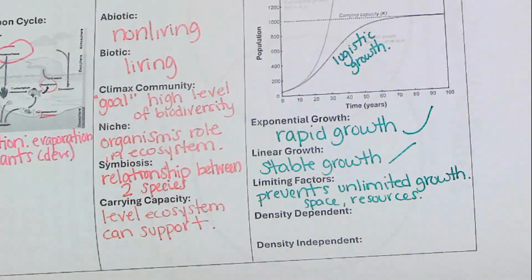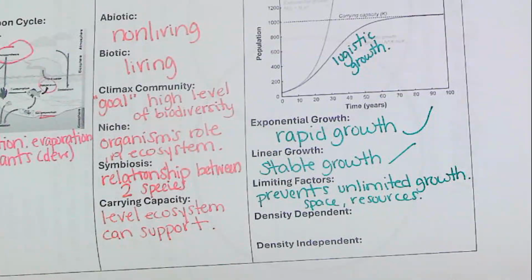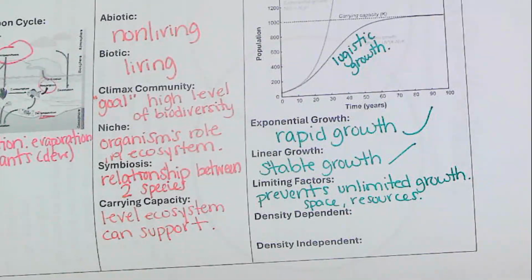Density dependent. What is density? How close things are, how far apart, how many people exist in an area, right? So if something's density dependent, what would that be? What would affect me density dependently in terms of population?